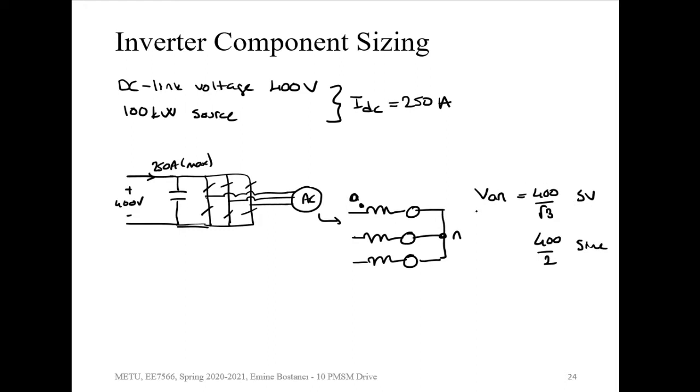This is its maximum possible value. But by changing the modulation index, we can change the voltages. So VAN can be controlled between 0 volts and 400 divided by square root of 3 with space vector modulation.